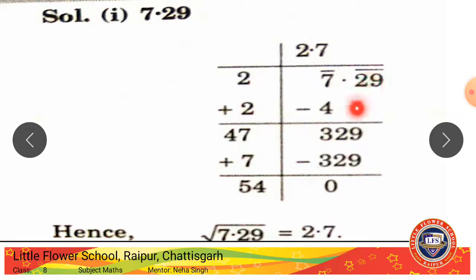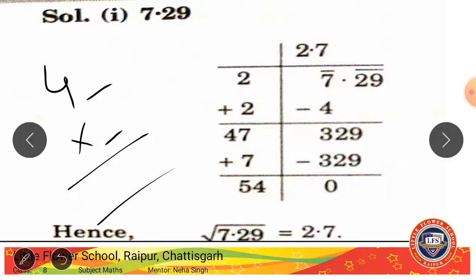Now as the whole pair was copied in the previous questions, here we will copy the whole pair 29 down. Now the number is 329. Now we have to check what number should be multiplied with 4 here and here, so that the number is 329 or closer to 329, right?